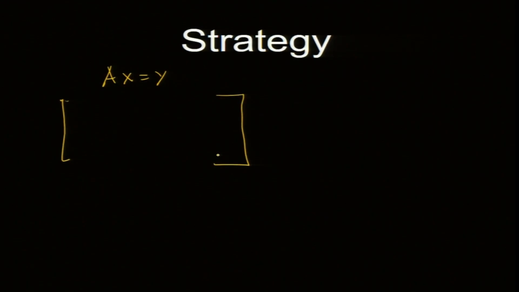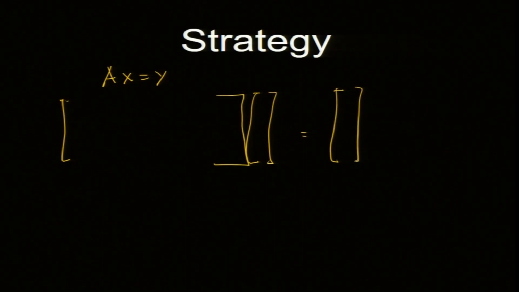So, what is the strategy for Ax = y? A is a matrix, and the matrix size can be m by n, which can be different. M need not be equal to n, and x is here and y will come.